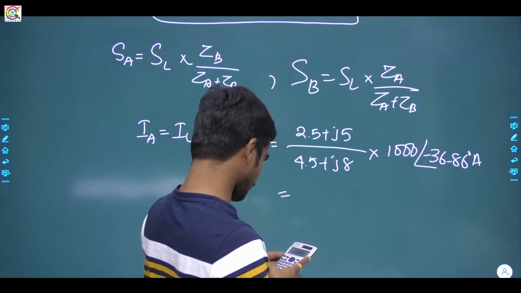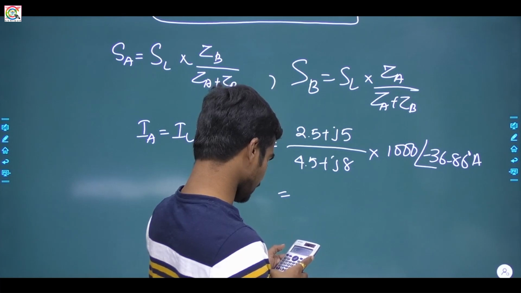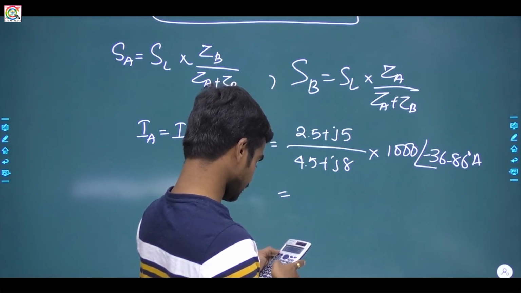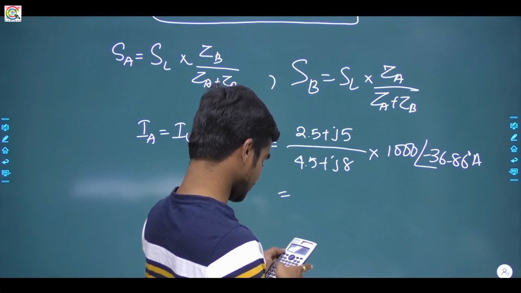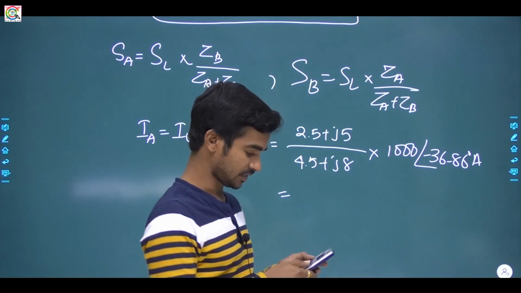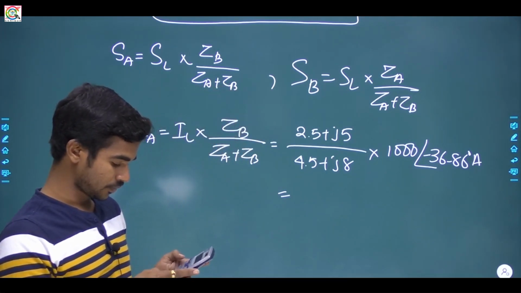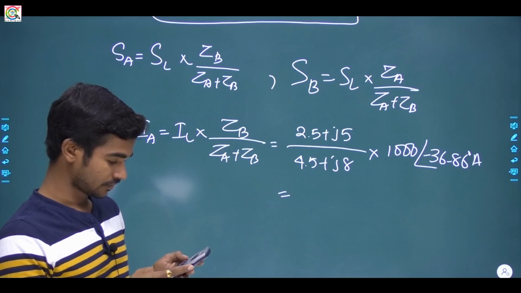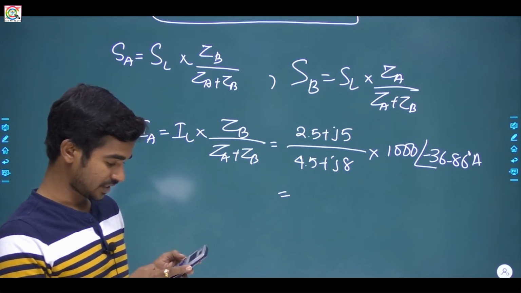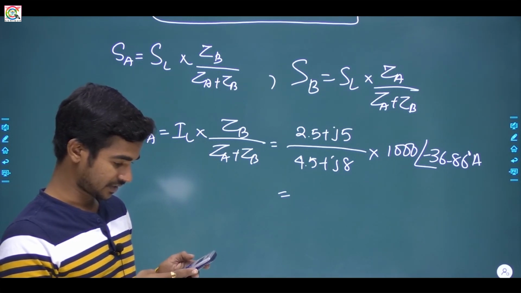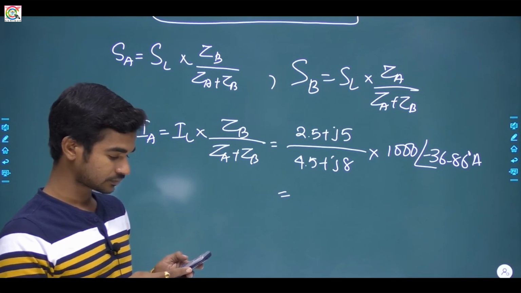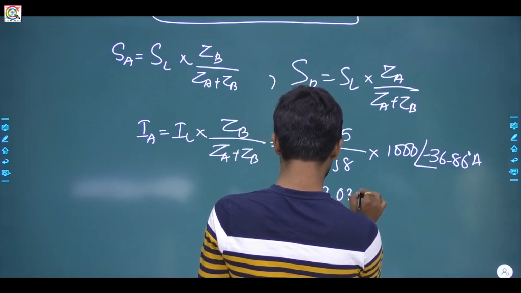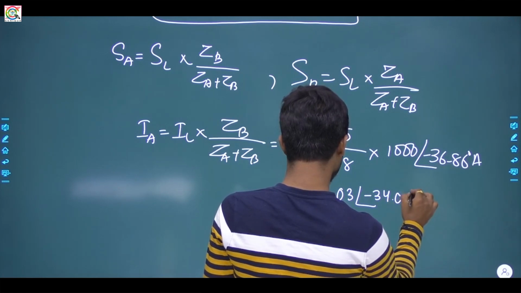It will be 2.5 plus j5 divided by 4.5 plus j8 into 1000, angle minus 36.86. So its value comes out to be 609.03, angle minus 34.06 ampere.